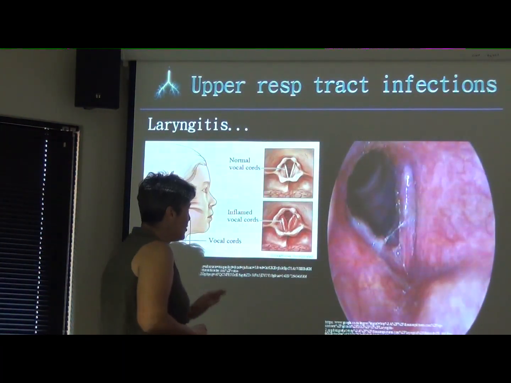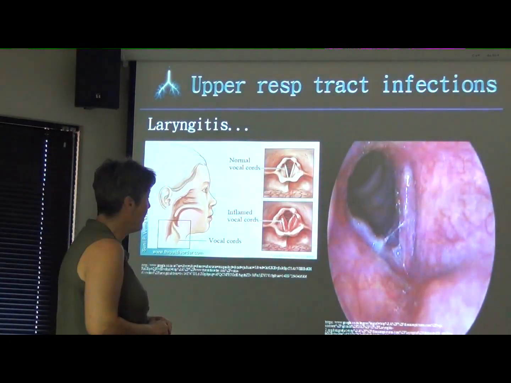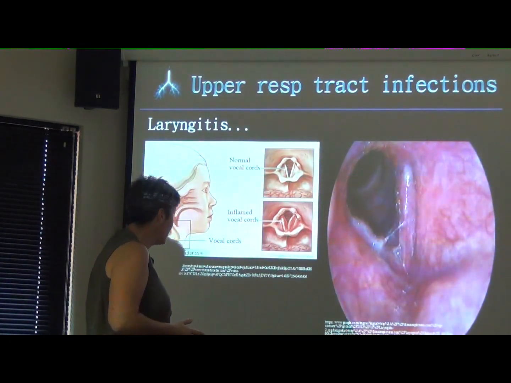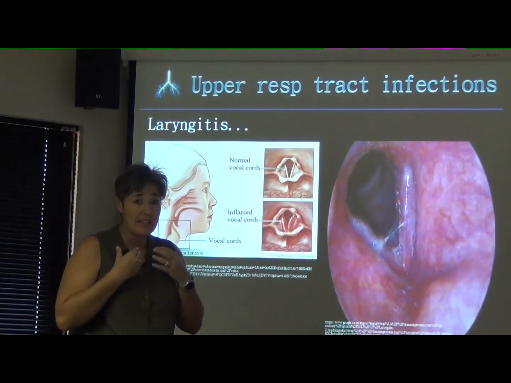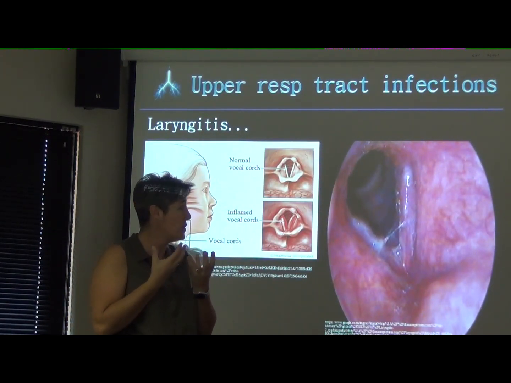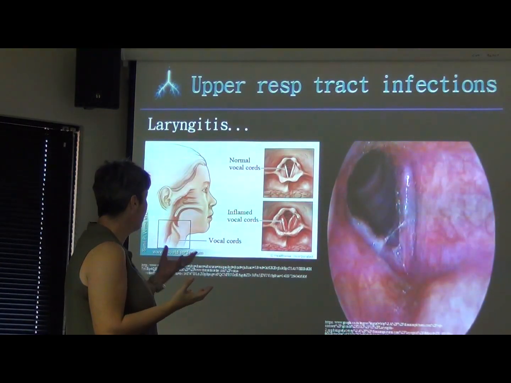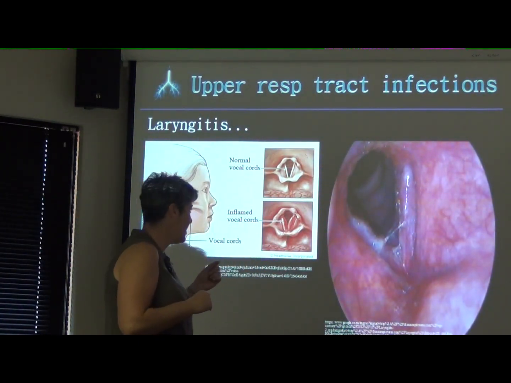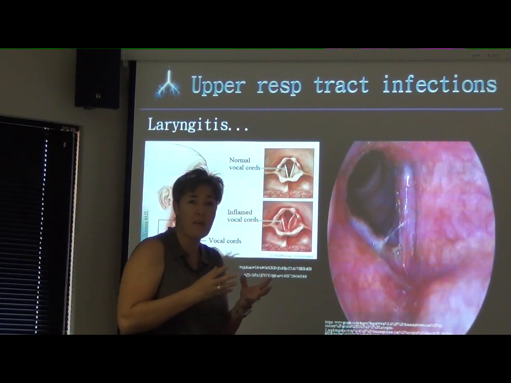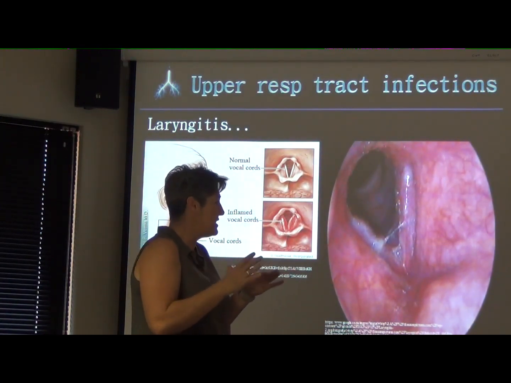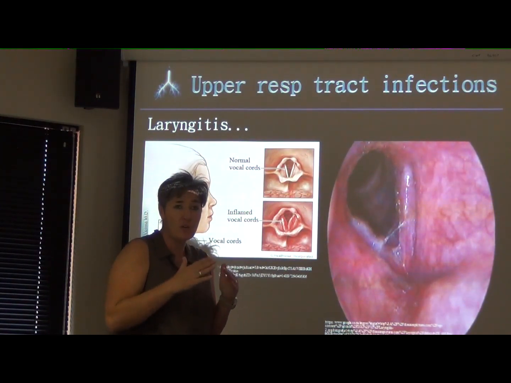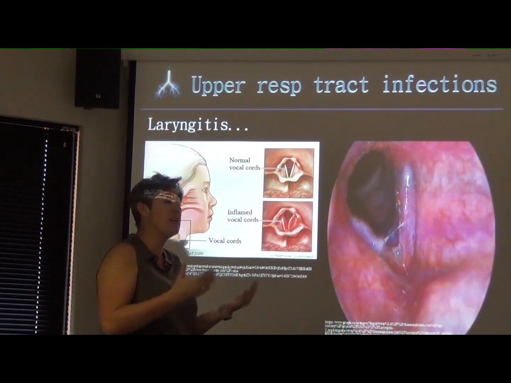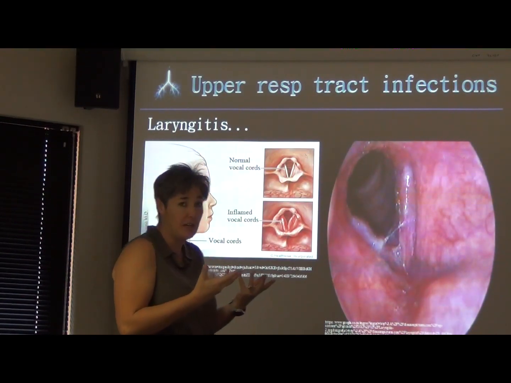Then laryngitis, which is also classified as an upper respiratory tract infection. That is where we get inflammation of the vocal cords. And all of you know that sometimes we have difficulty in speech when a patient presents with laryngitis, due to the phlegm or mucus that starts to accumulate on the vocal cords, which makes it extremely difficult to speak.